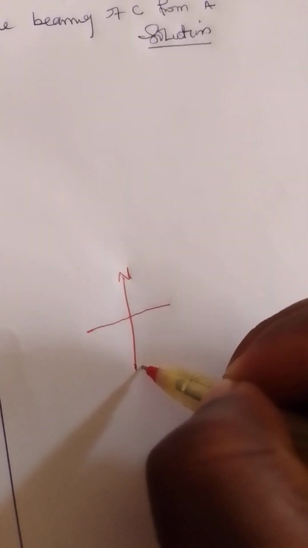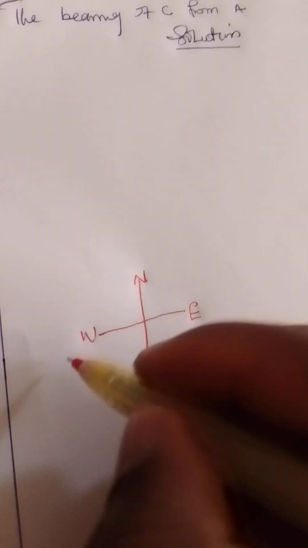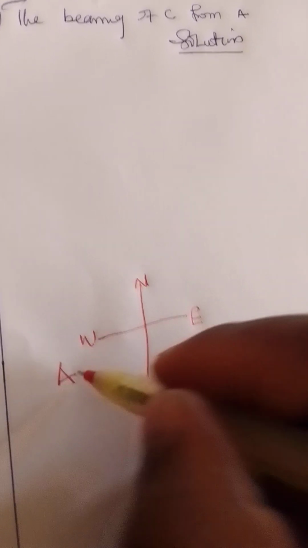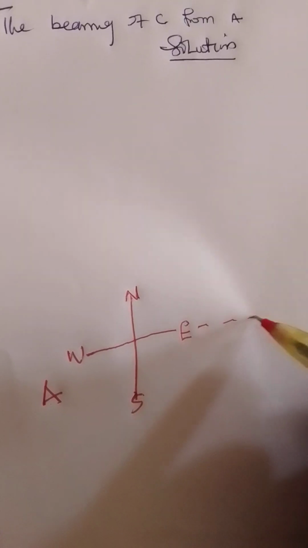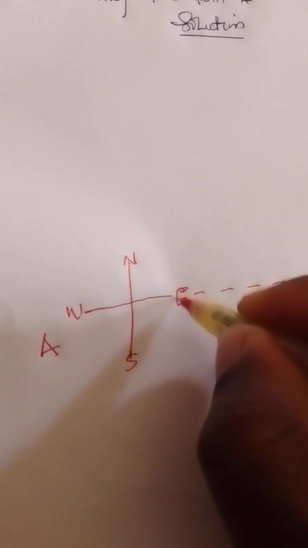This is your north, south, east, and west. So let us label it to be A. It starts from A and walks 3 kilometers due east. This is the east.